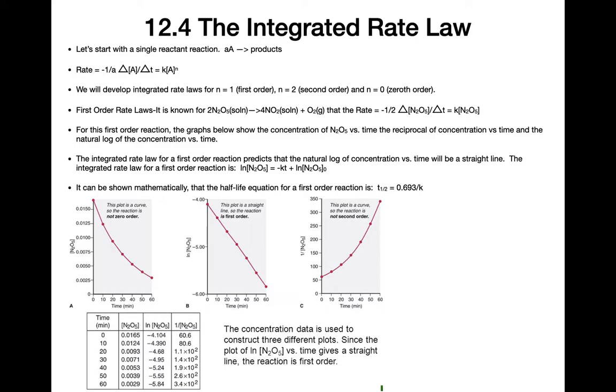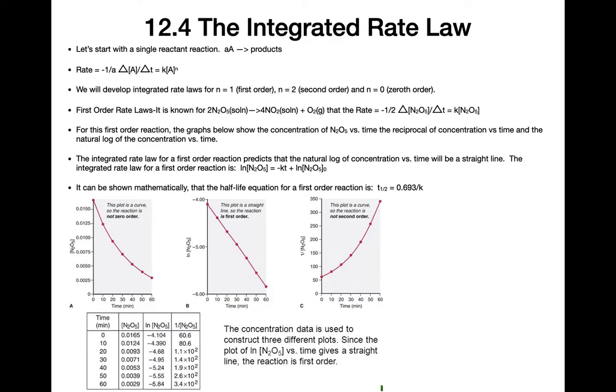to find anything you want to find in the formula based on knowing the other numbers. Or you can use the fact that this formula works for first order to identify, when you use the graphical approach on an experiment, that you have a first order reaction. So if you get this linear graph for natural log, you know you have a first order reaction. If you make the graph, you can find k.